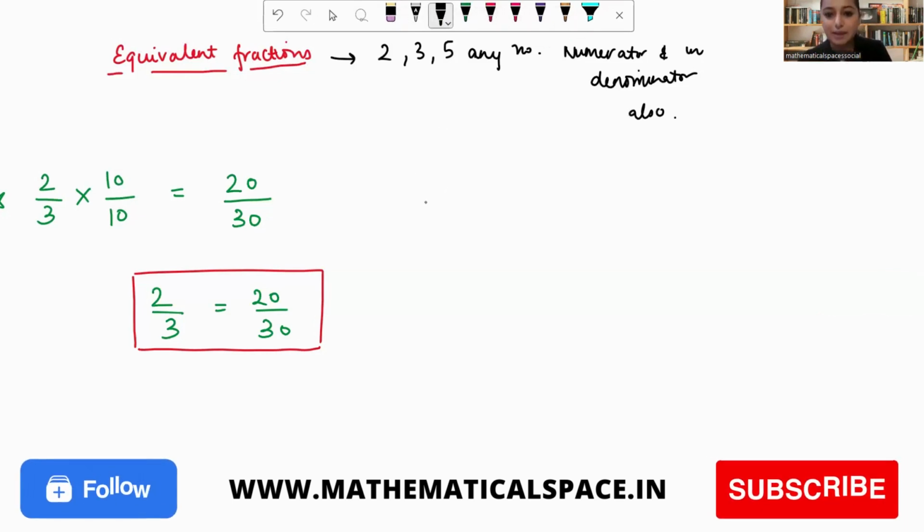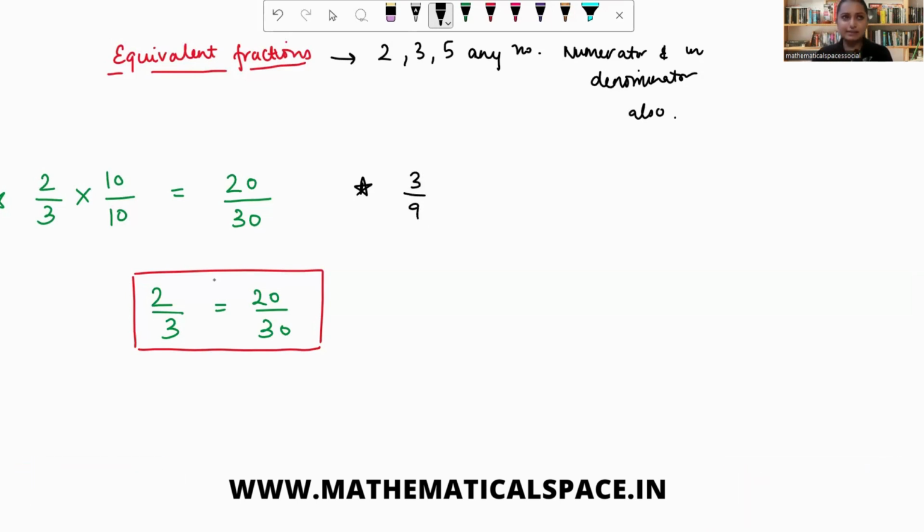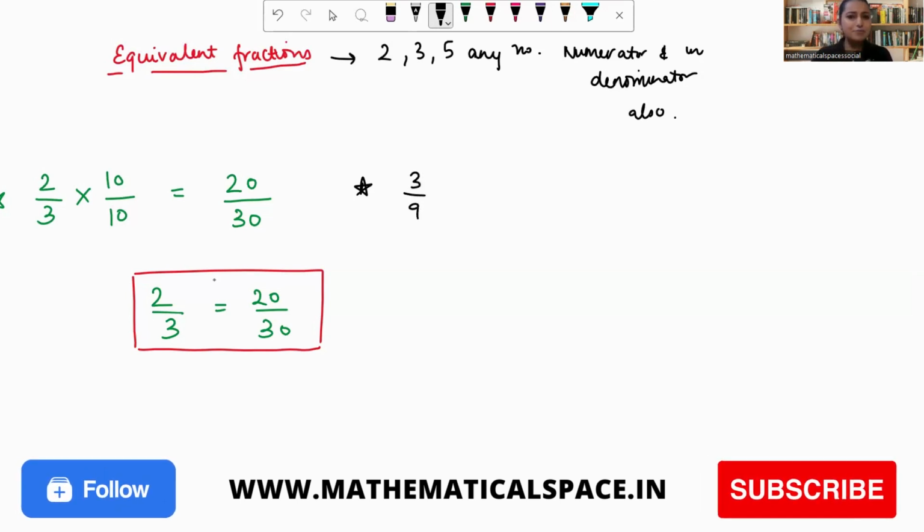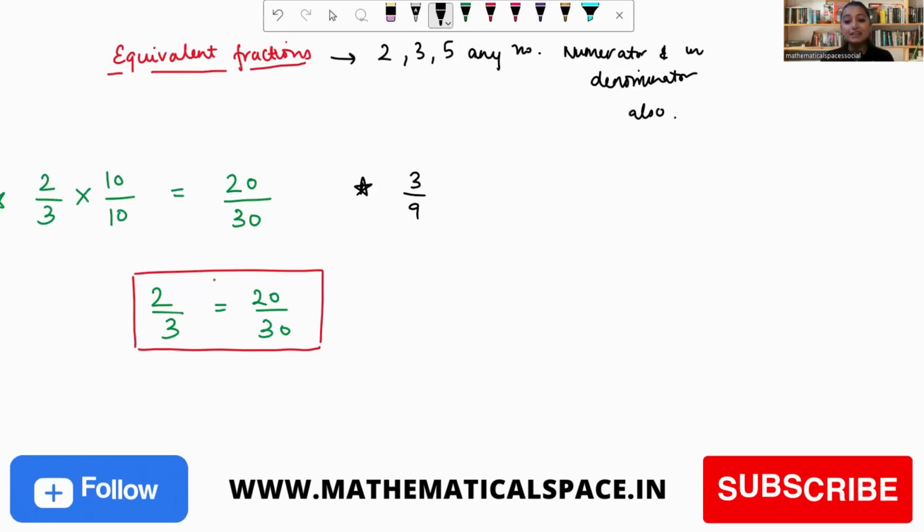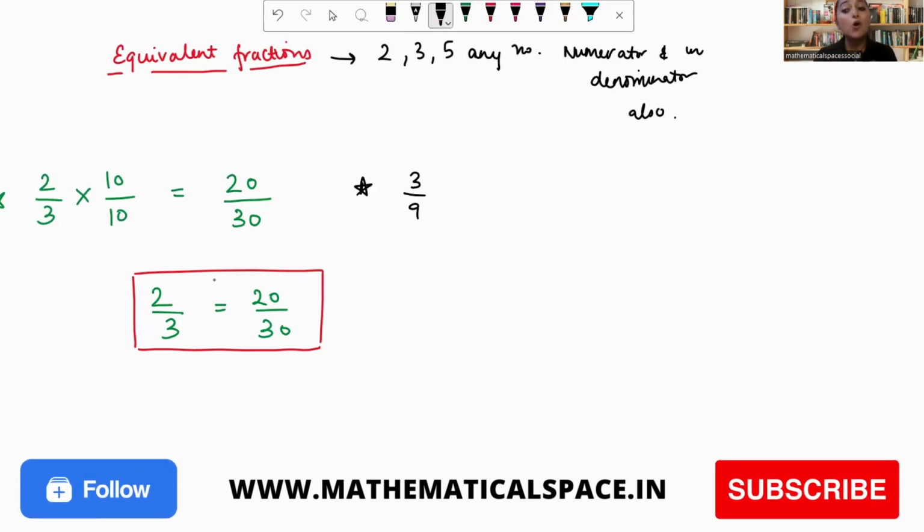For example, someone says, hey, can you find out 2 equivalent fractions of 3 by 9? And I would be like, yes, why not? I would help you out with that. So what is the thing? What is the meaning of equivalent? Always multiply the numerator and the denominator with a whole number. Let me choose whole number as 4.